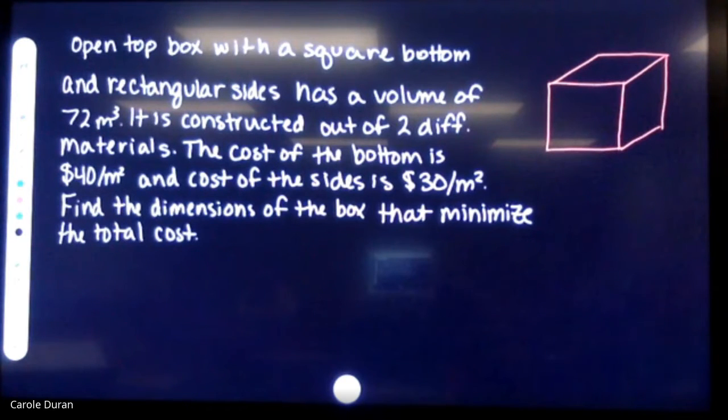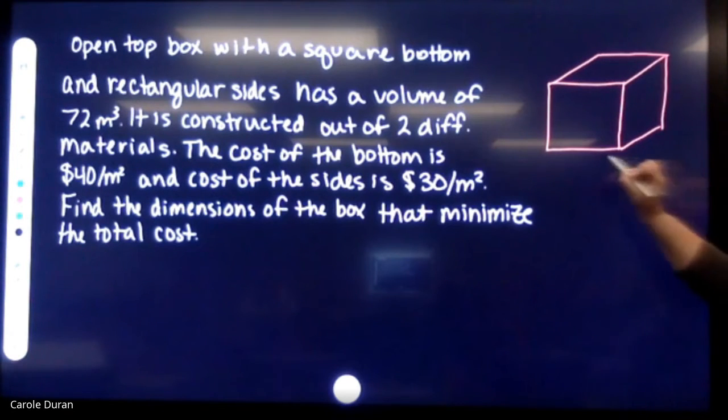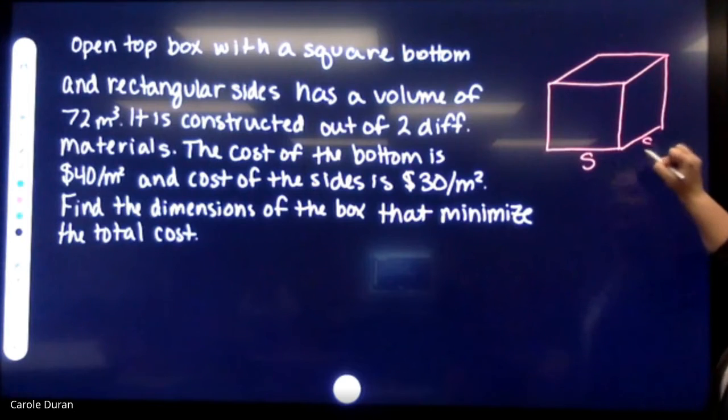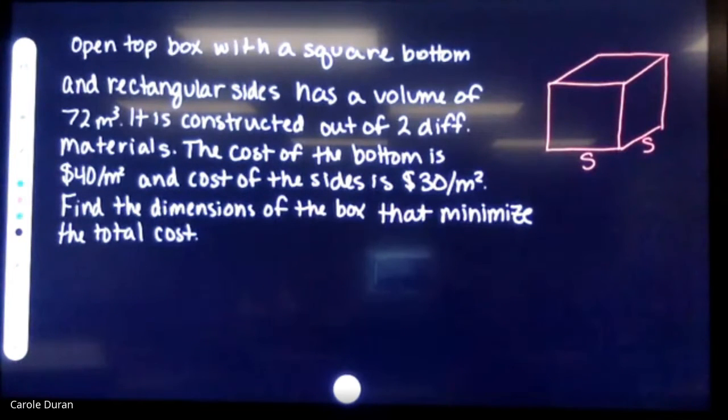A rectangular prism or a box. Isn't the bottom supposed to be square? The bottom is square, so that means this side and that are both the same length. So I'm going to label those as a side S or length S. And then the height, we don't know either, so I'm just going to say that my height is H. So I have a length of S, a width of S, and a height of H.